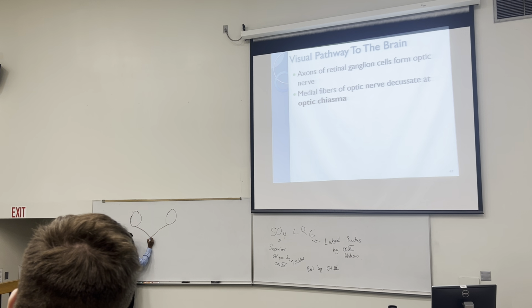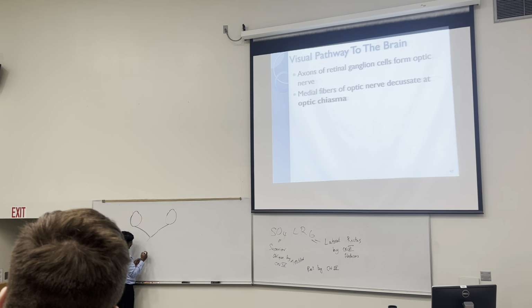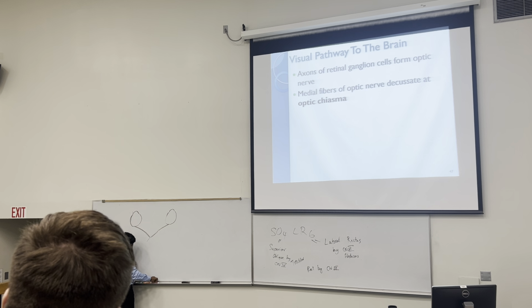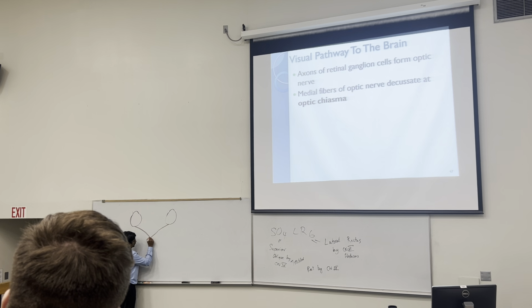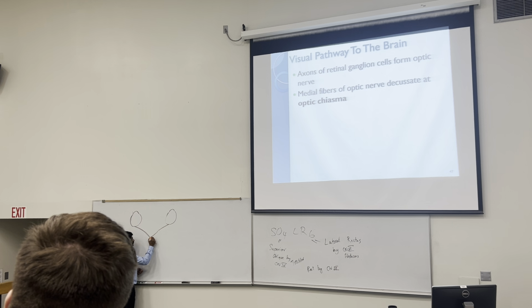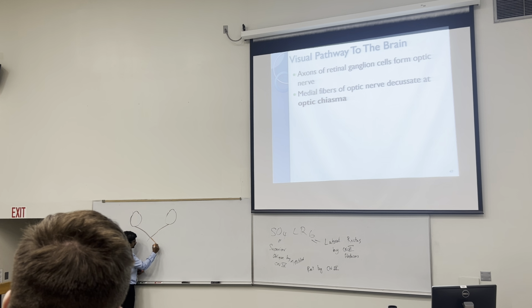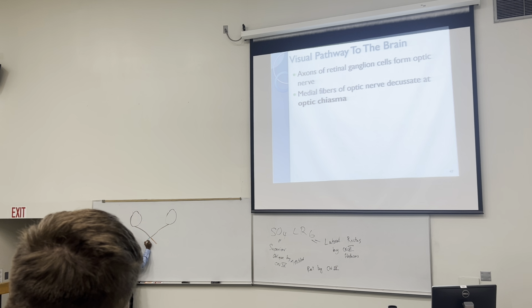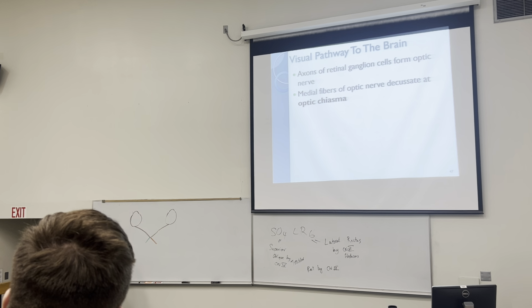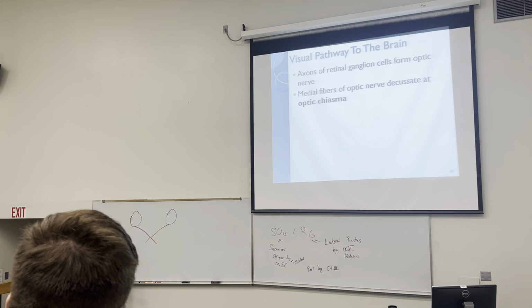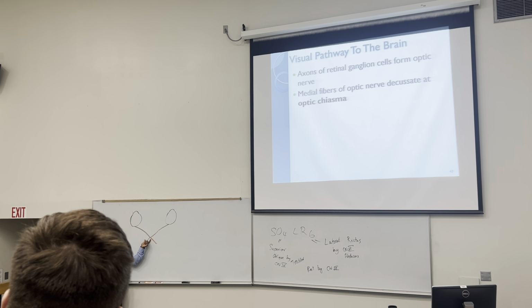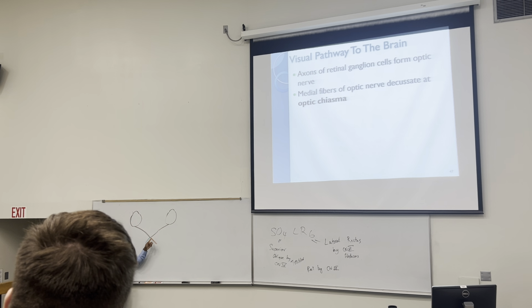Here, only the medial fibers will cross over, while the lateral fibers remain on the same side they came from. A couple of things we're going to know: now this is not called the optic nerve, it's called the optic tract, okay? It's got fibers from this eye and that eye.